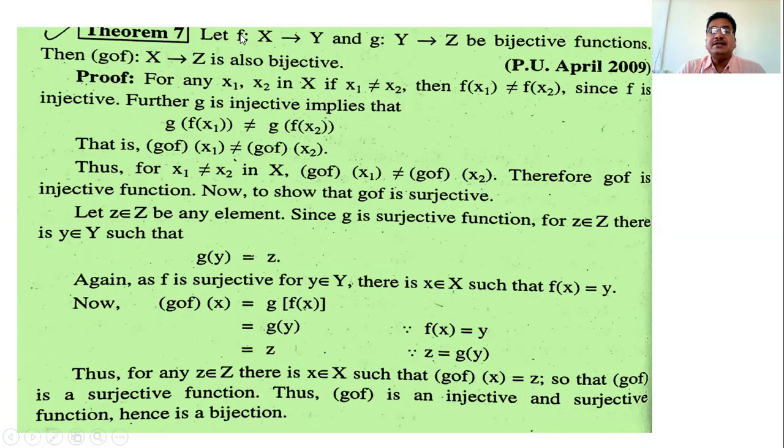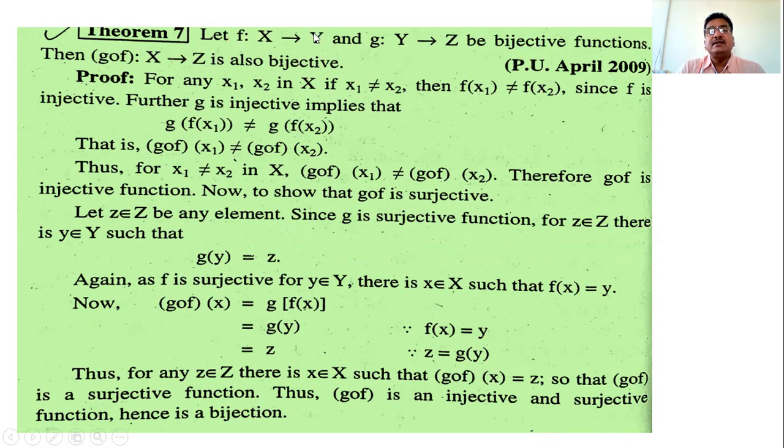Since F is injective, F of x1 is not equal to F of x2. Given that F and G are bijective, both are injective as well as surjective.